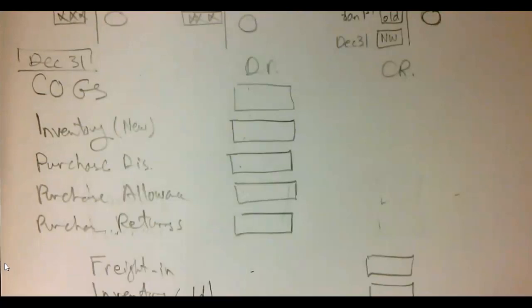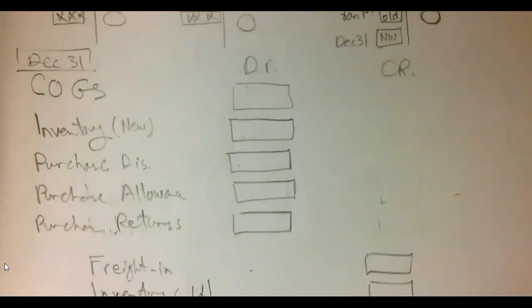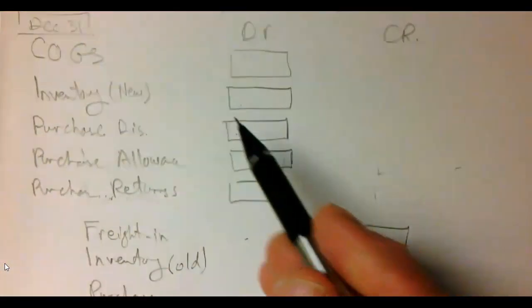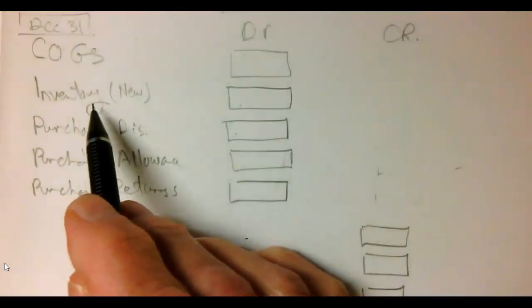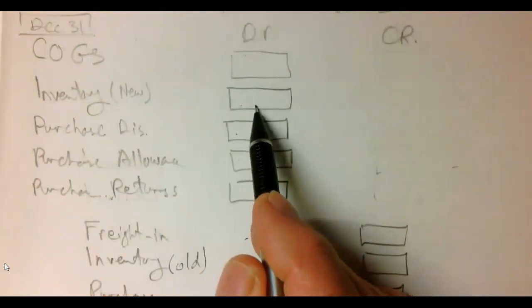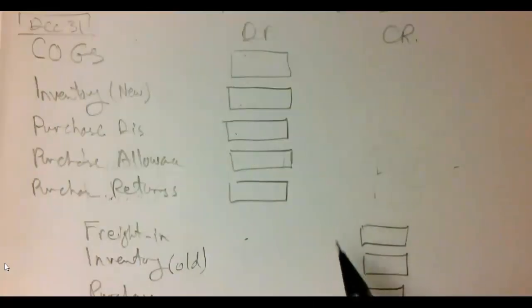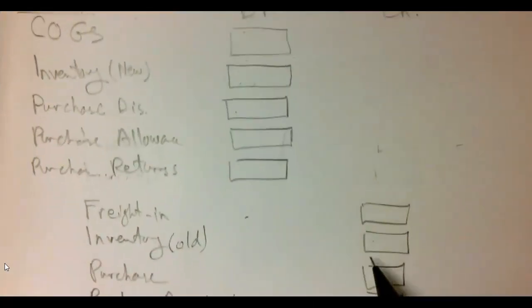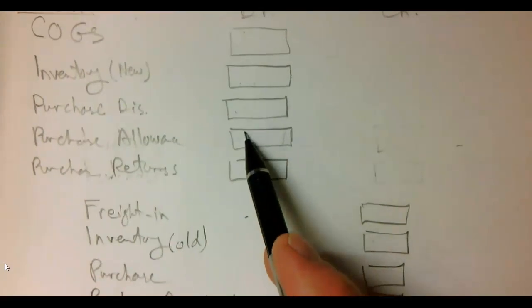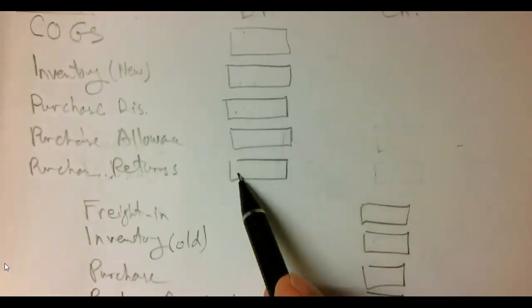So you don't know what the cost of goods sold is until you count your inventory at December 31st, so you have that balance available. Close the old inventory. Close all the purchase discount, purchase allowance, purchase returns.